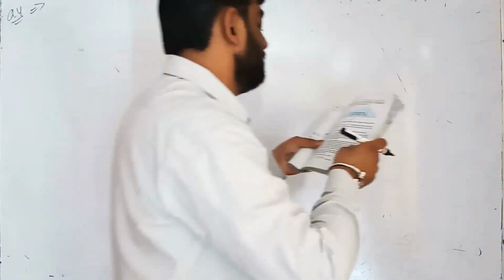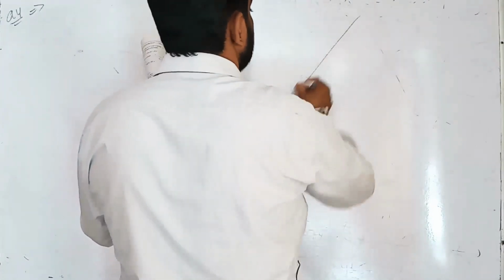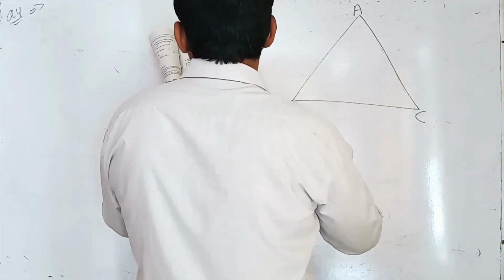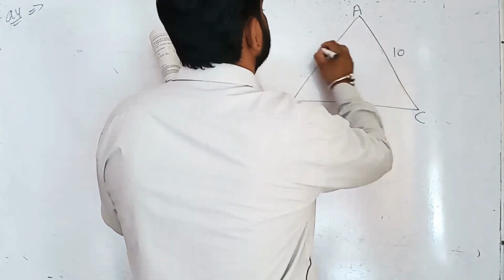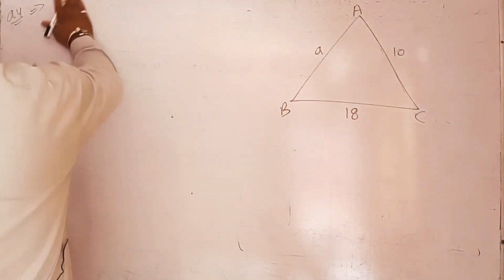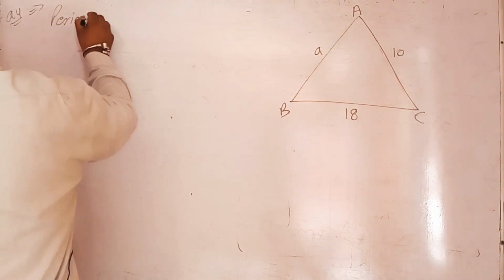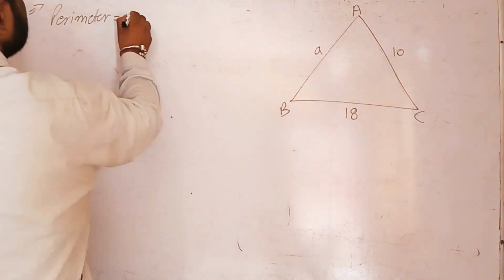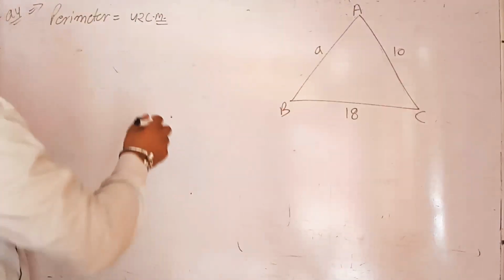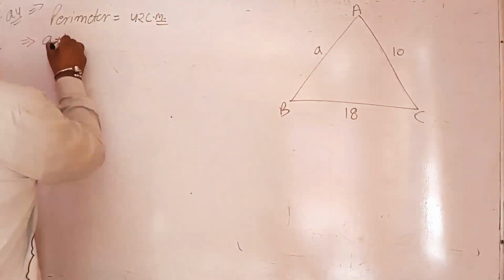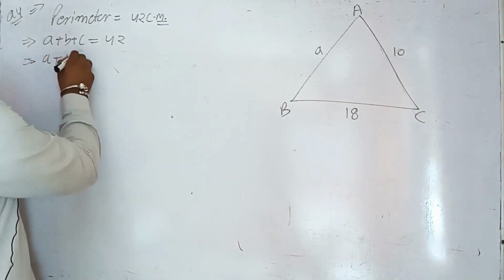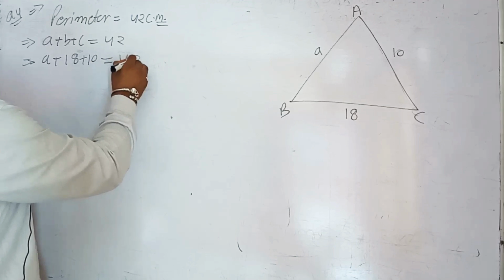Find the area of a triangle whose sides are 18, 10 and the perimeter is given as 42 centimeters. Here one side is A, another is 18, and another is 10. The perimeter is A plus B plus C, that is 42. Here A plus 18 plus 10 equals 42, students.